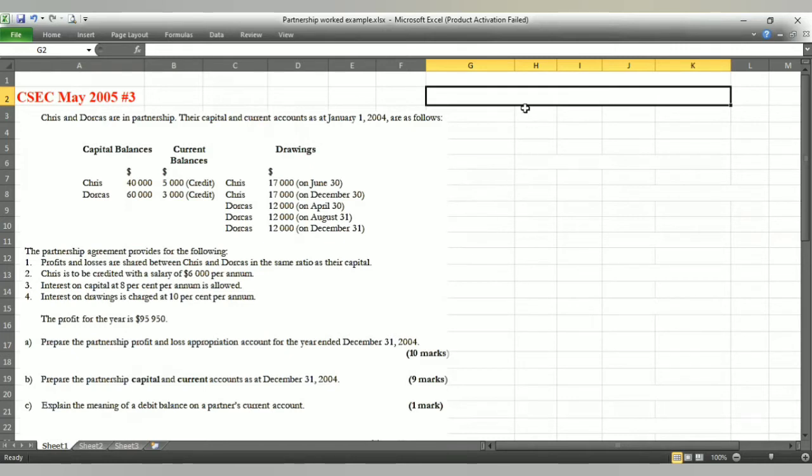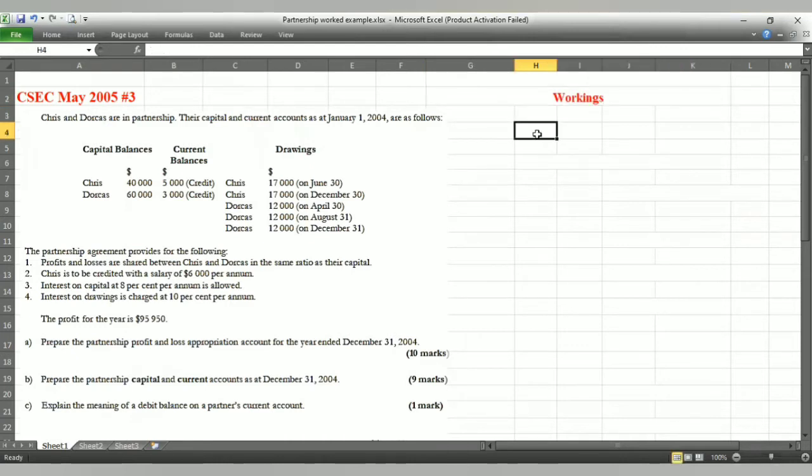So the workings. I'm doing this because I need to point out how we go about calculating the interest on drawings and that on capital.